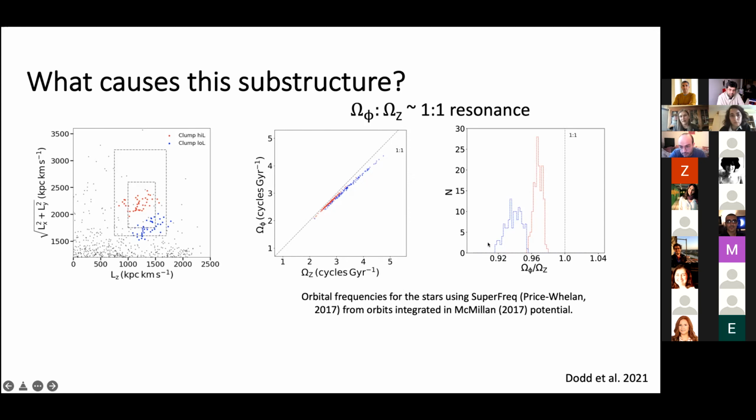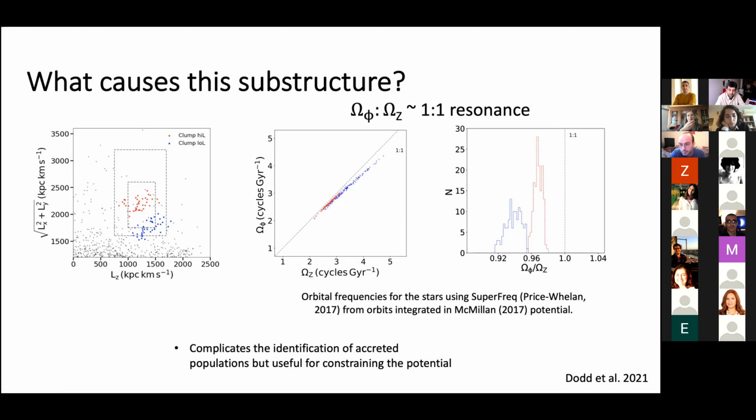And we think that they are actually on a resonance, and that this resonance is the reason that we see this substructure. So this is not related to the accretion, but actually related to the galactic potential of the Milky Way. We can use these accretion events and the substructure in them to learn about our own potential.